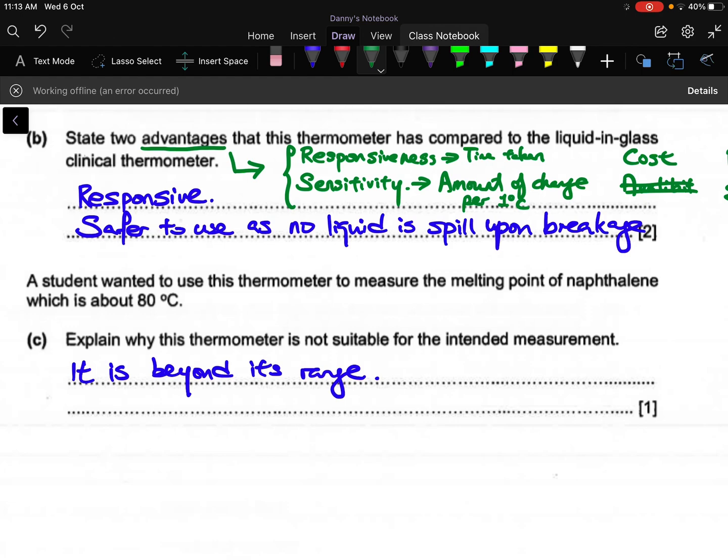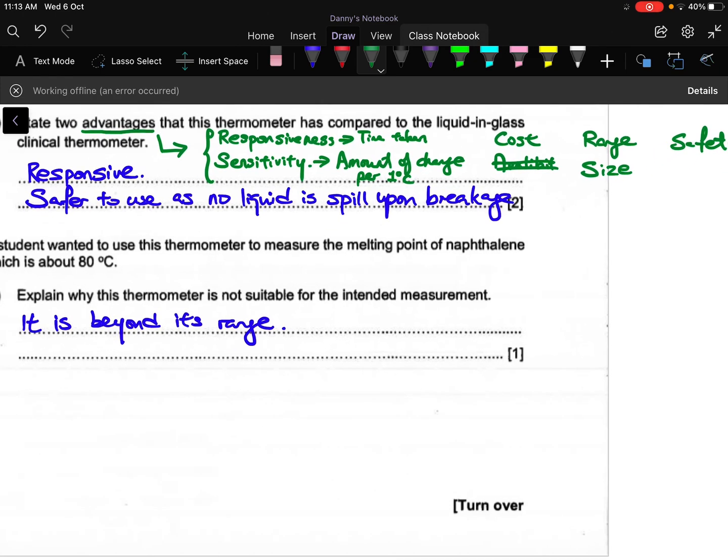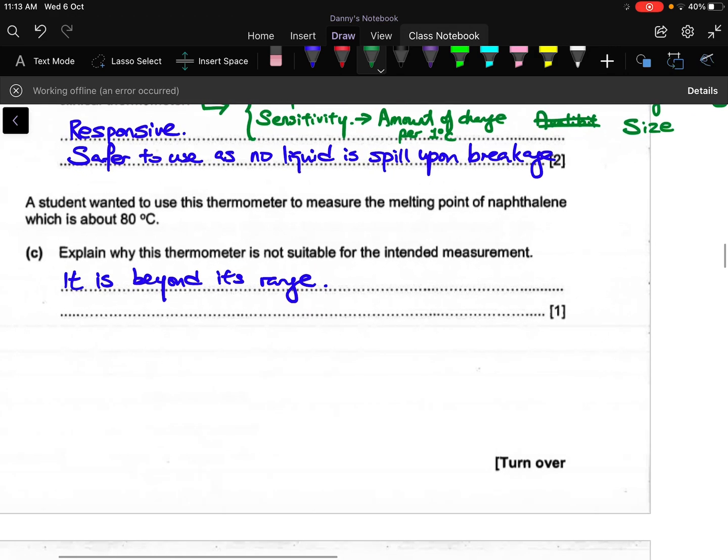Unfortunately, sensitivity, we can't give it to you because there's no data to help you make a conclusion. Similarly for cost, we don't have enough data to help you. Range, unfortunately, this one is oral thermometer, so they won't give you a large difference in range. So size also not much difference, so that's why safety will be the other good advantage.